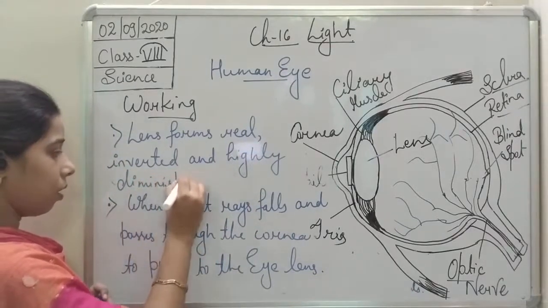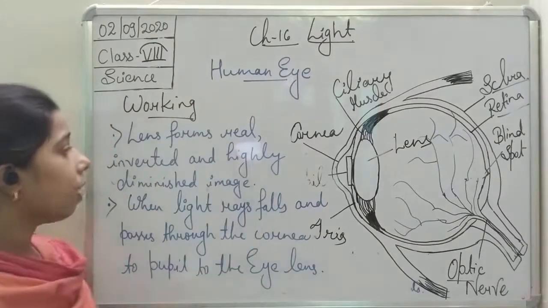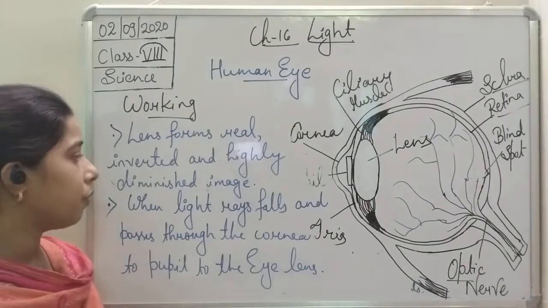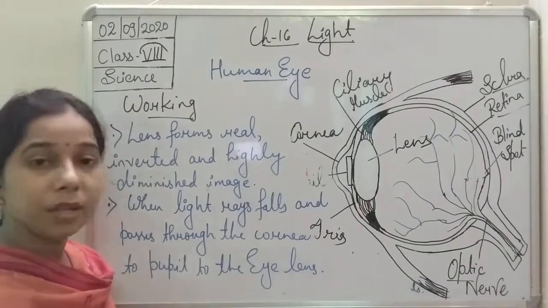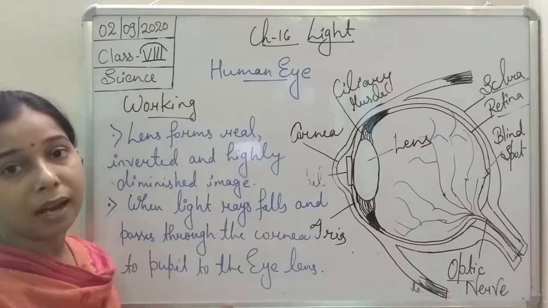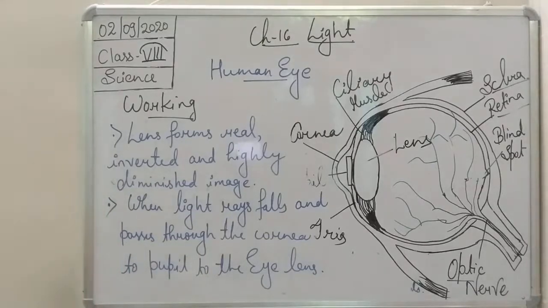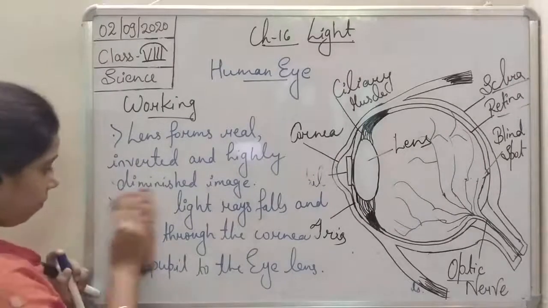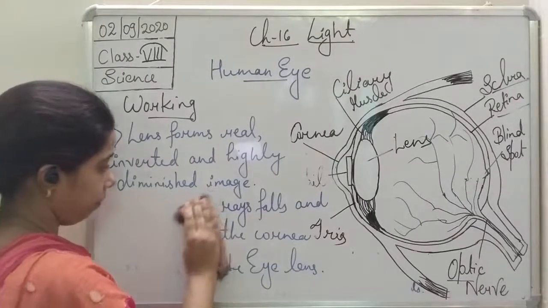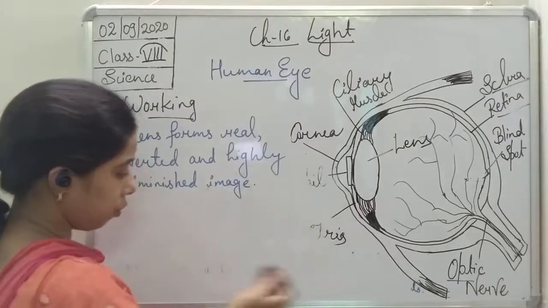Okay, so the lens forms a real, inverted and highly diminished image. Now this image is basically formed on the retina of the eye. So we can write it. Students, please write each and every point, or you can take a screenshot.